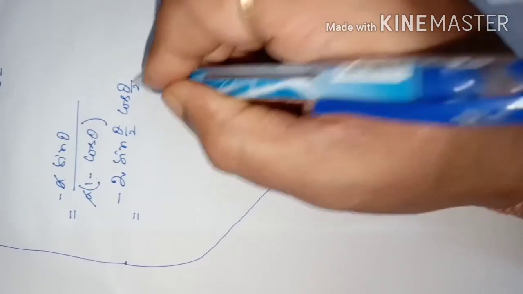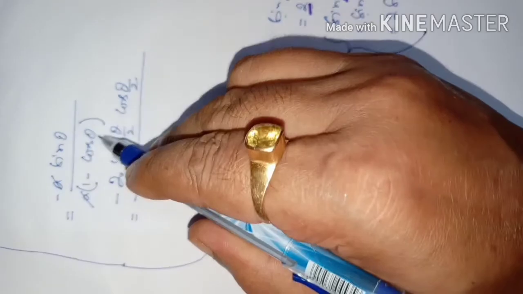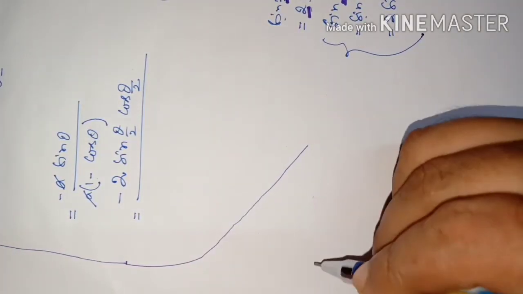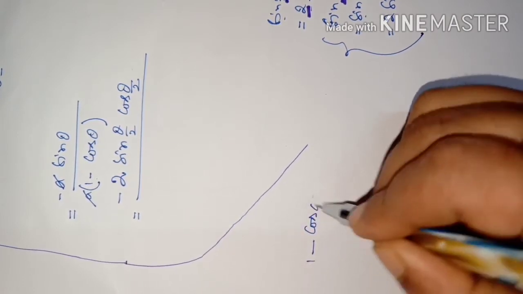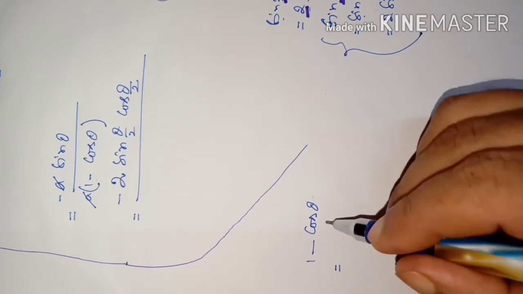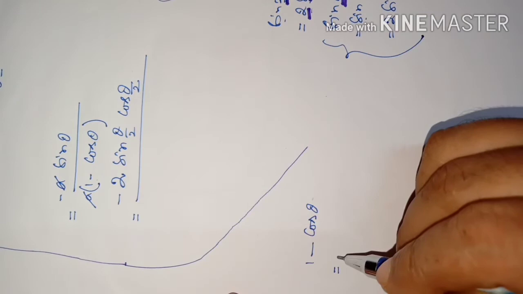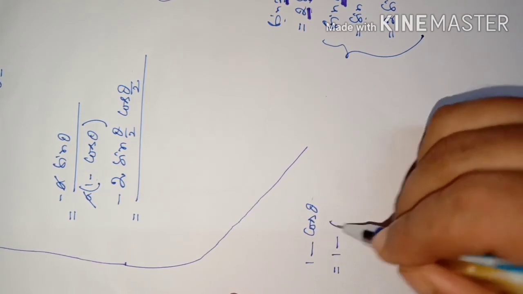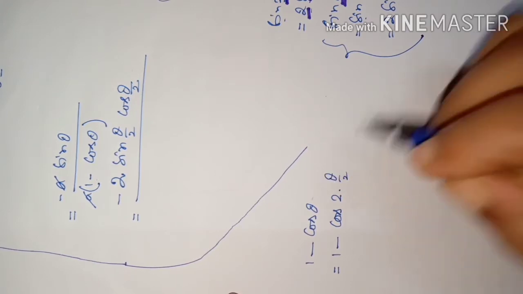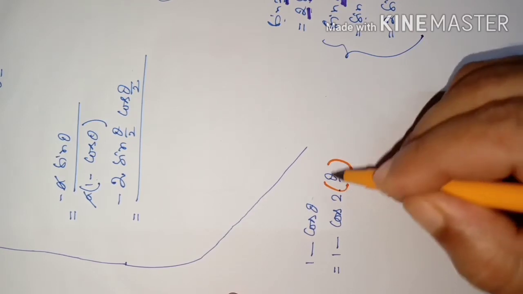So what will be the benefit of writing like this? If we write 1 minus cos theta also the same way, recall 1 minus cos theta can be written this way. You recall cos theta can be thought as cos twice cos theta by 2, like this is 1 minus, this one you can write as cos into 2 times of theta by 2. Here also you think as twice theta, no? This one you think as just theta.